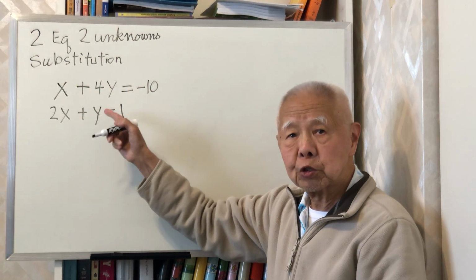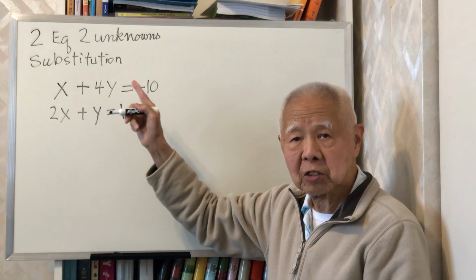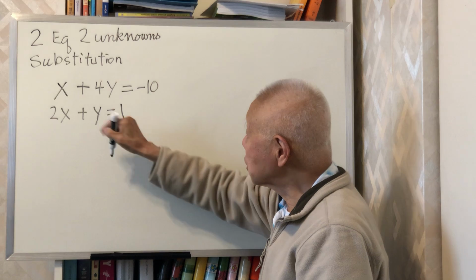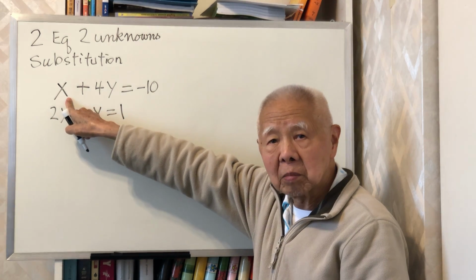I have two equations, two unknowns, x and y. You see this x here?